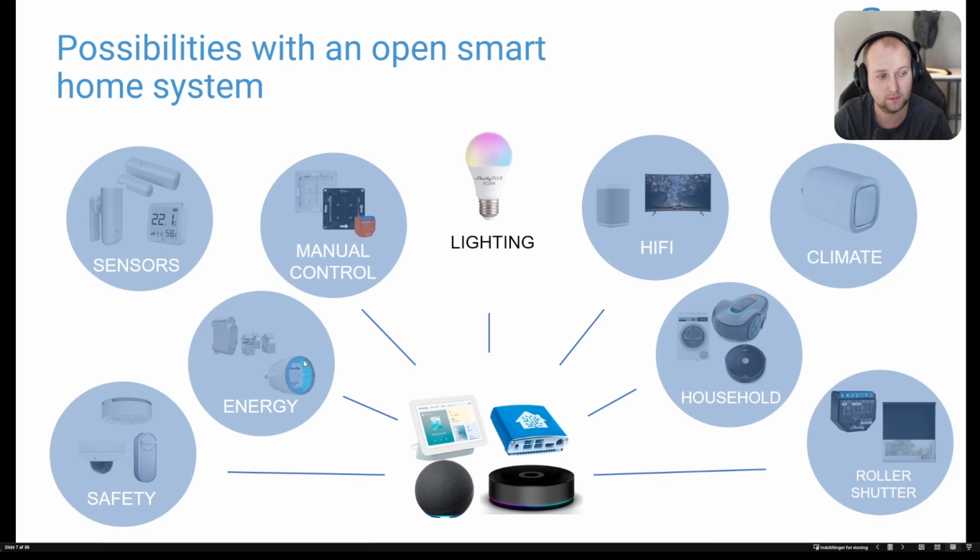So if you, for example, have your own solar system, you will be able to monitor whenever you have more solar production. When you're producing more solar energy than you are using at the moment, then you can use this overproduction to turn on your water heater or turn on your electric car charger and so on. And by doing this, there is big potential for saving money in the end.